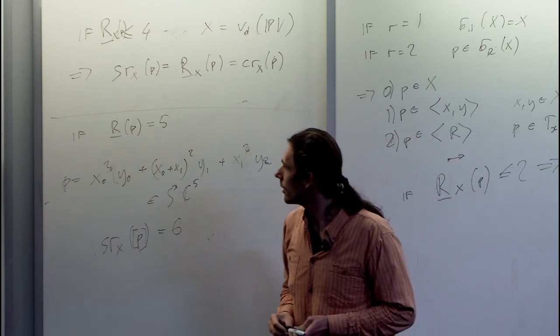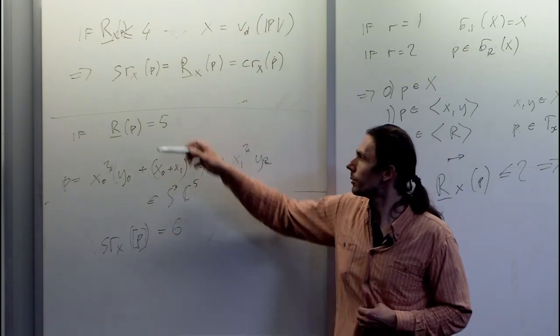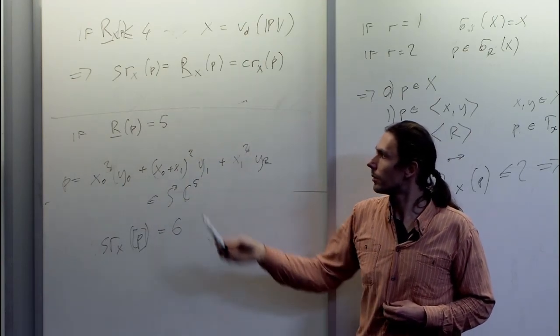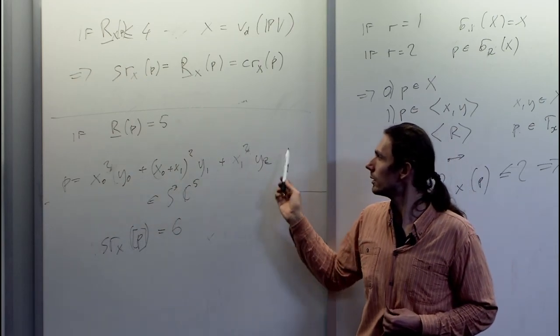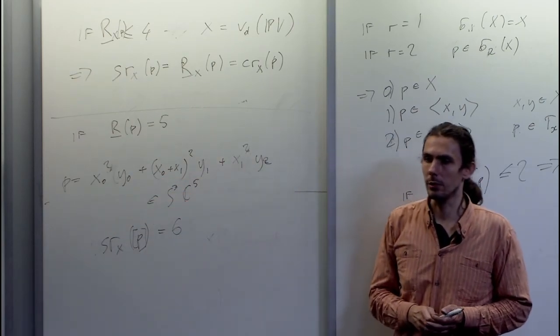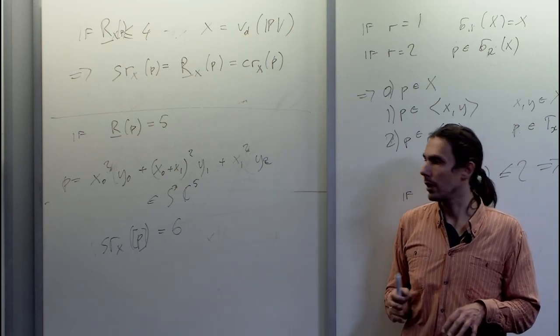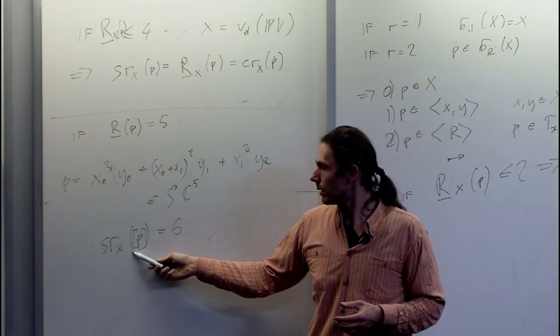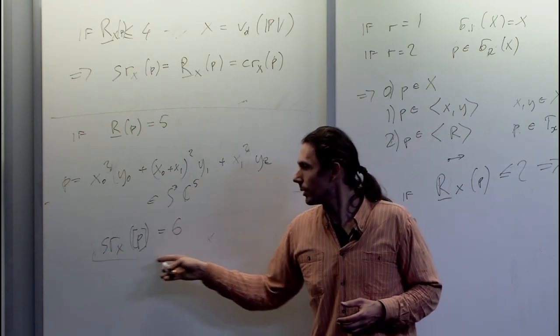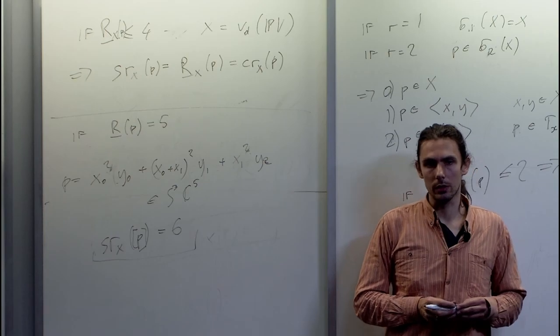And to see that this has border rank 5, you just write this polynomial explicitly as a limit of sums of 5 cubes, whereas it's a bit more complicated to see that the other holds.